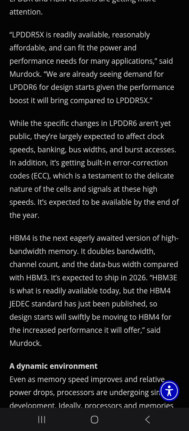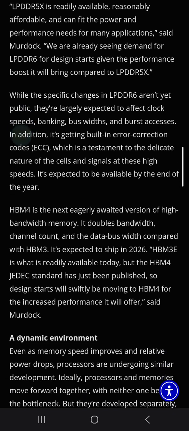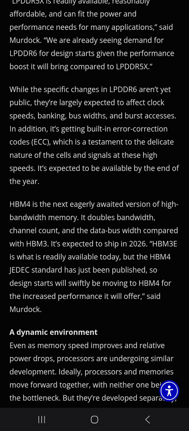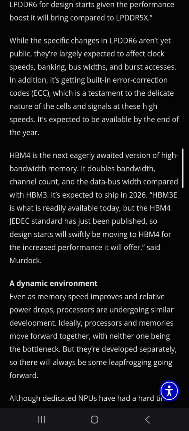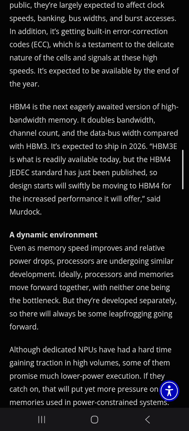While the specific changes in LPDDR6 aren't yet public, they are largely expected to affect the clock speeds, banking, bandwidth, and burst accesses. In addition, it's getting built-in error correction, called ECC, which is a testament to the delicate nature of the cells and signals at these high speeds. It's expected to be available by the end of this year.